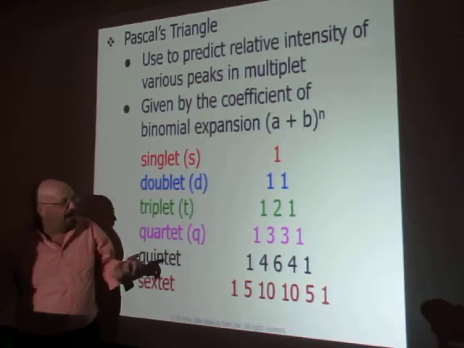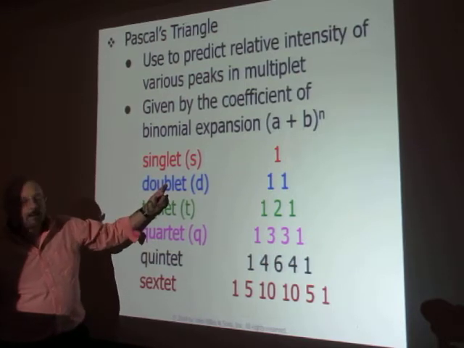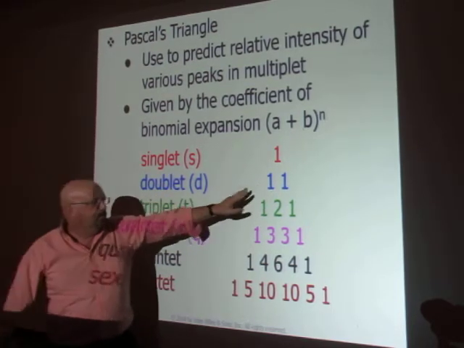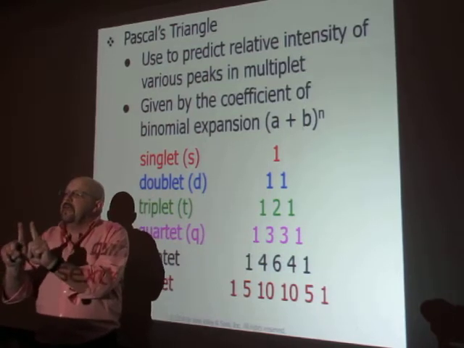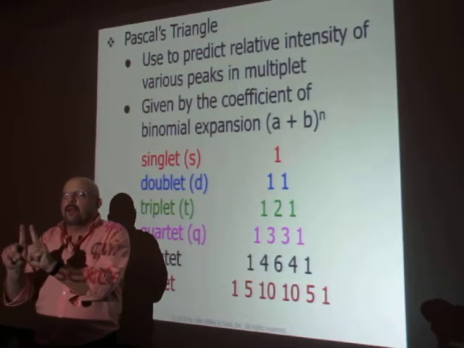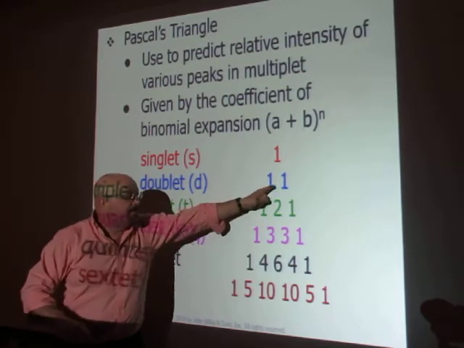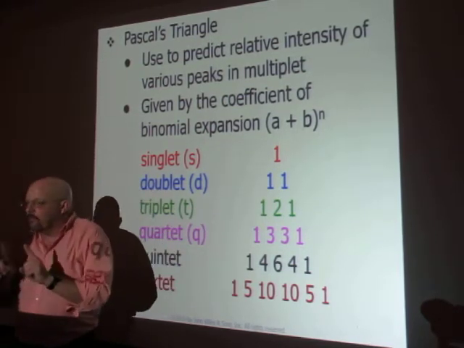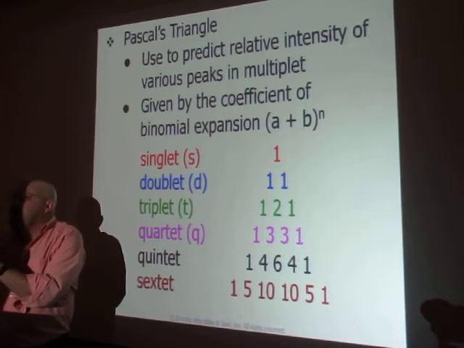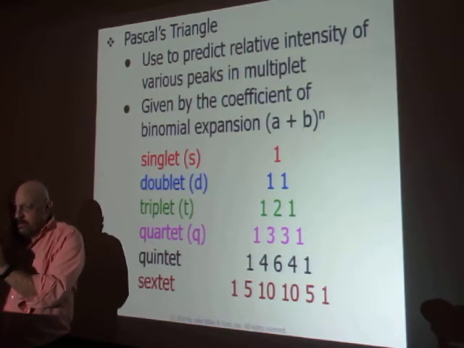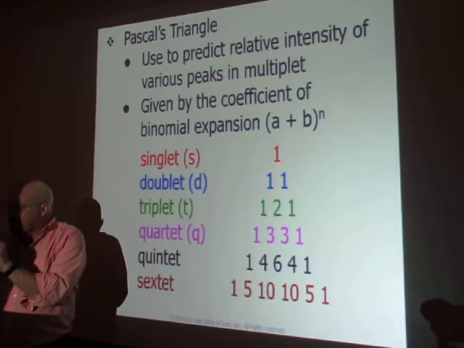So if we have a doublet, those two peaks of a doublet should be about the same size. Pretty close to being the same size. Nothing's perfect, but they should be pretty close to the same size if it's a doublet, if they belong together.